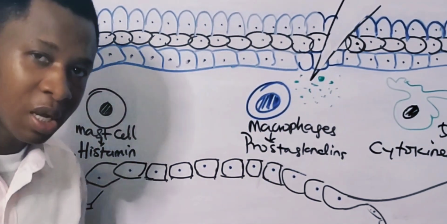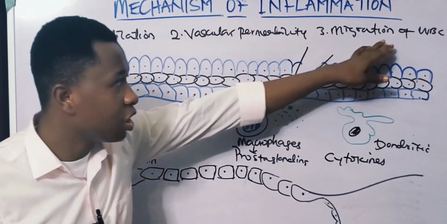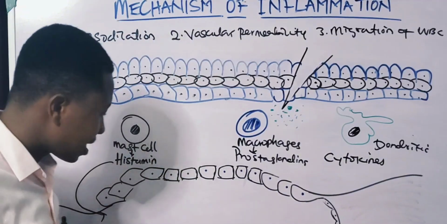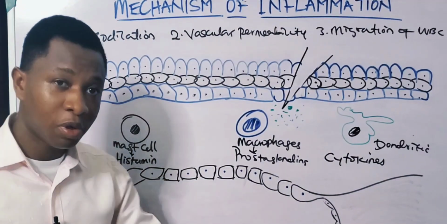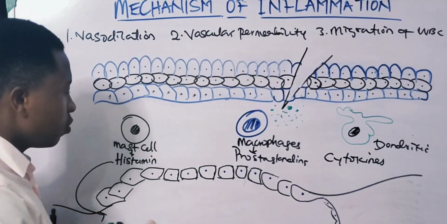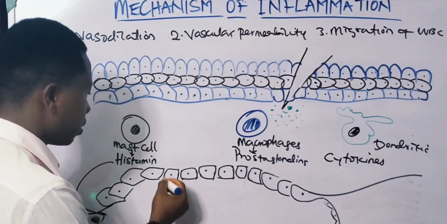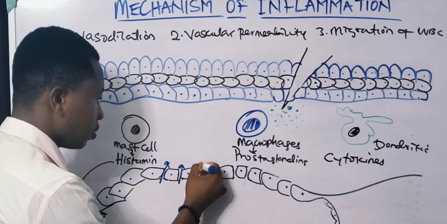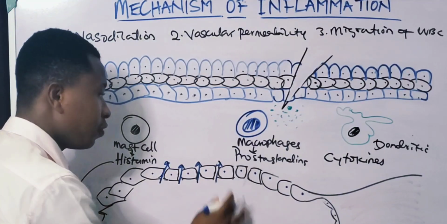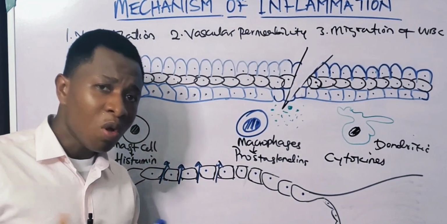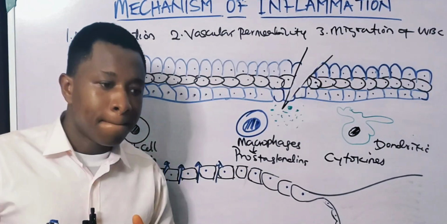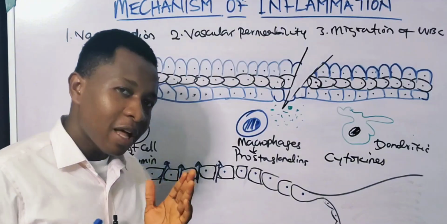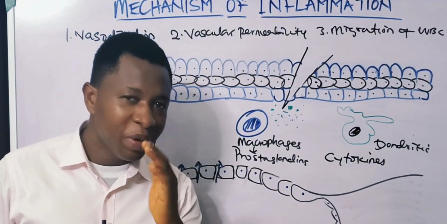They are very important because they lead to the third stage of inflammation, which has to do with migration of white blood cells. We know that in the blood vessel we have both red blood cells and white blood cells. The moment this permeability happens, fluid from the blood vessel begins to leak out, containing other blood cells that are macrophages in nature, that can go between cells.